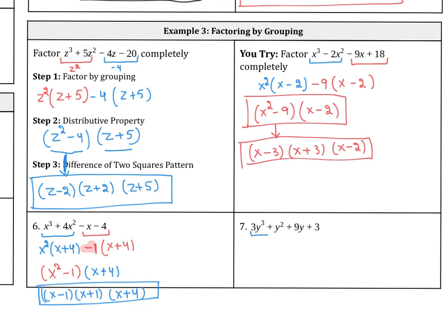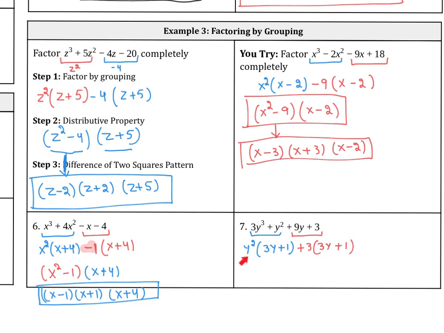Next, you're going to break this again into two groups. One group has y squared common, the first one, and you have inside 3y plus 1. In the next one you have 3 common. So once you take 3 out, 9y divided by 3 gives you 3y, and 3 divided by 3 is 1.